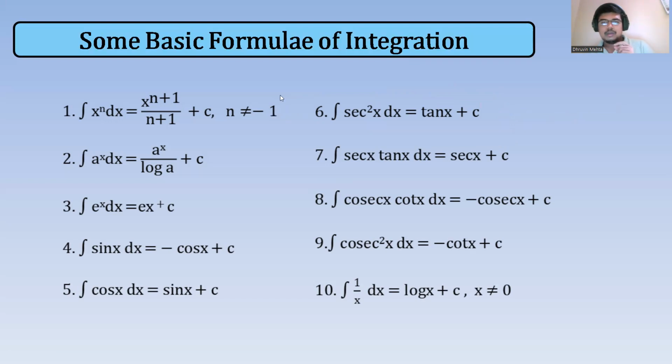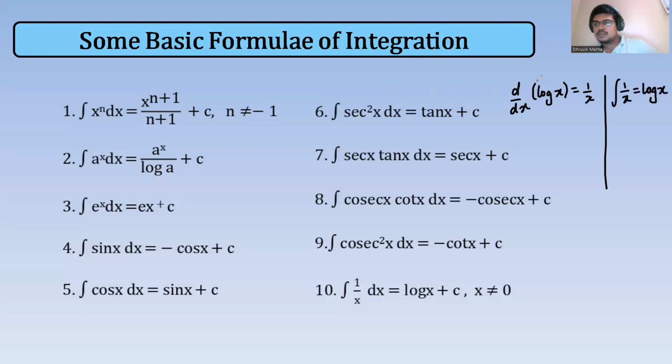Okay. Now let me discuss the plus c here. If I ask you what is derivative of log x, what will you tell me? 1 upon x. And that is why we are saying that integration of 1 upon x is log x. But if I ask you what is derivative of log x plus 5, still 1 upon x.